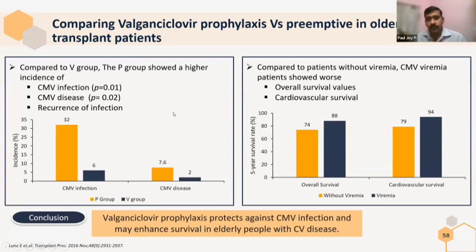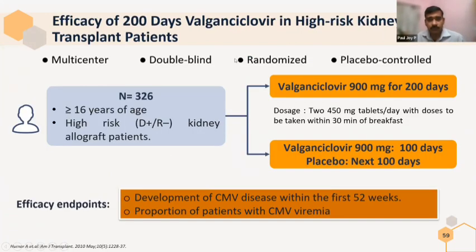And valganciclovir prophylaxis protects against CMV infection and may enhance survival in elderly people with cardiovascular disease. The efficacy of 200 days of valganciclovir in high-risk patients has also been studied. This was done by Humar et al., also known as the IMPACT study, where valganciclovir prophylaxis was given for 200 versus 100 days.